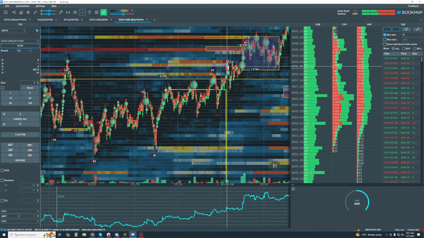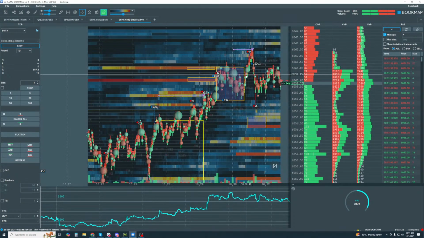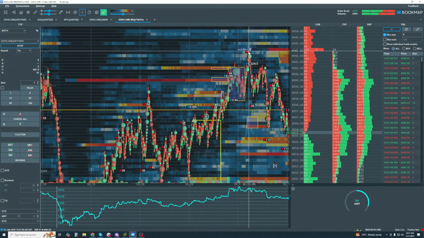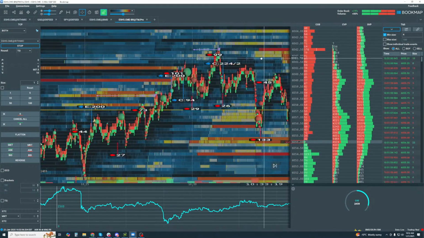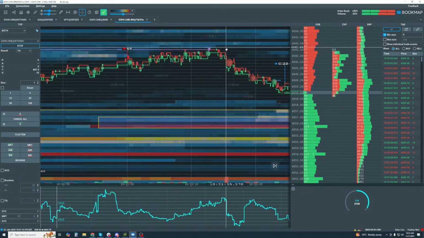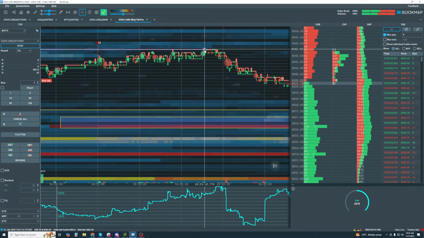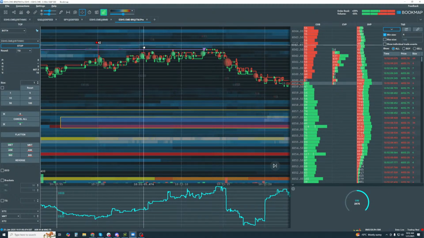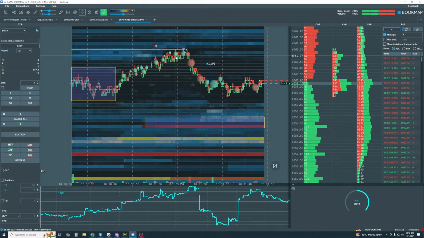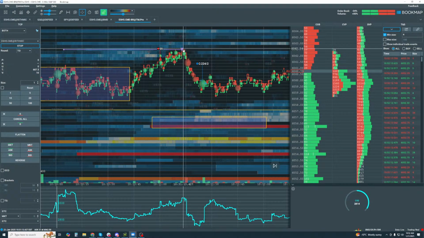And then we found more buyers again, and they took it higher. Then we put our runner, the last contract, up here just below the swing. We got a little lucky on that one. We got filled up here, so we had some liquidity, put it that way, and we had our reasons for getting out up here.